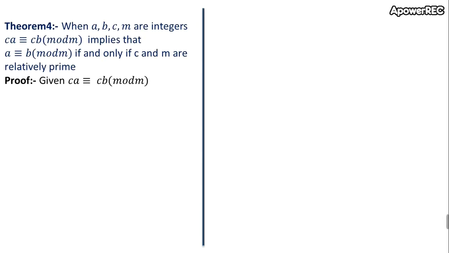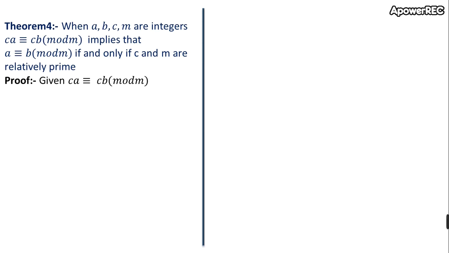Now come to the fourth theorem. That is, when A, B, C, M are integers, then CA is congruent to CB mod M implies that A is congruent to B mod M if and only if C and M are relatively prime.